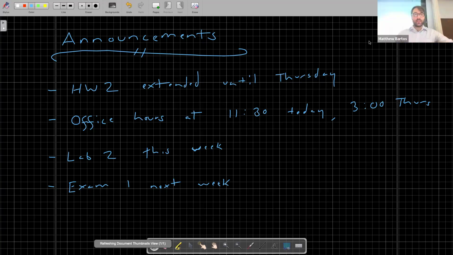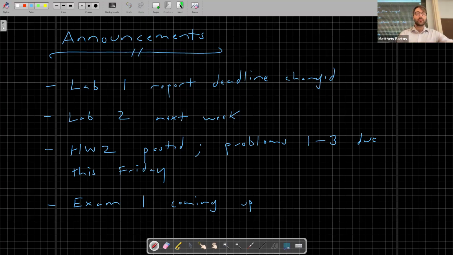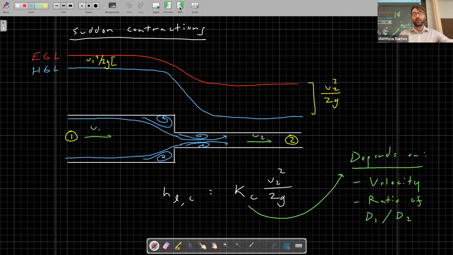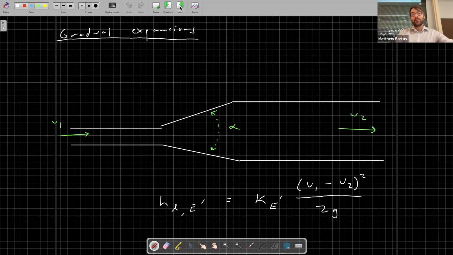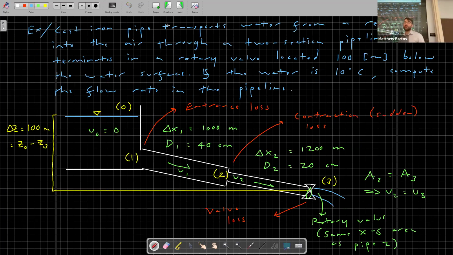So let's go back and just review the problem that we looked at last time. Last class, we looked at an example of computing the discharge from a pipeline system. So we had a reservoir and a series of pipes of different diameters.